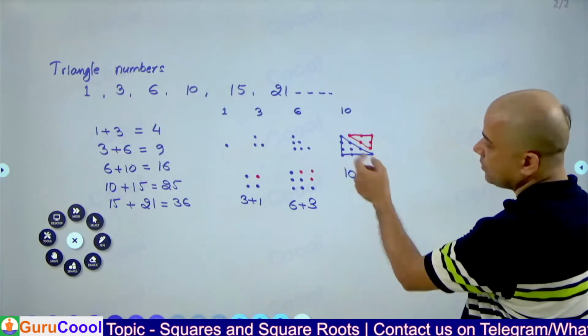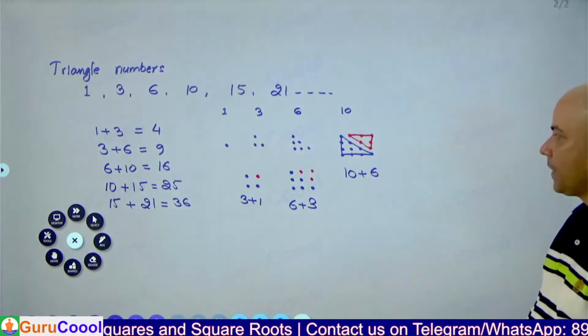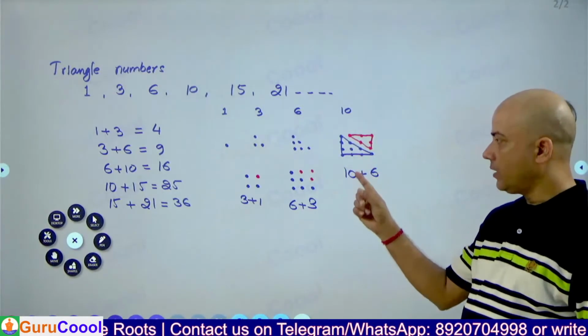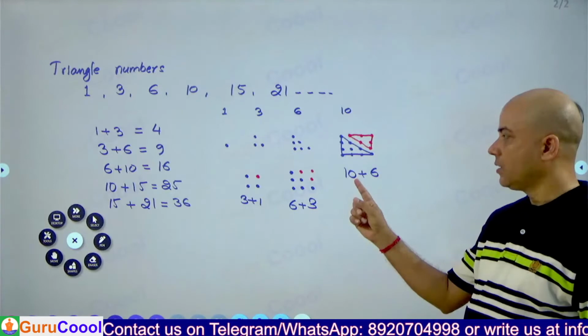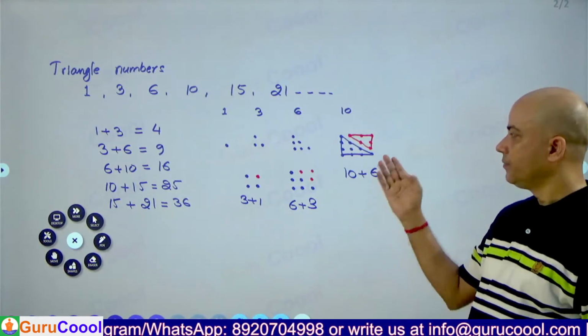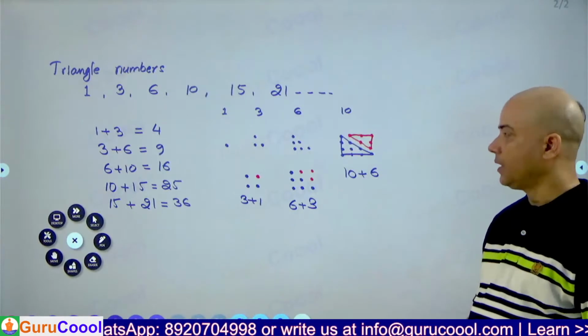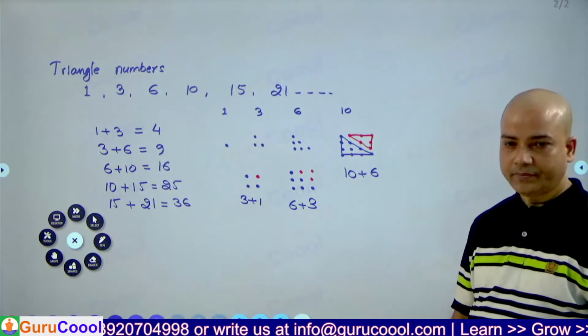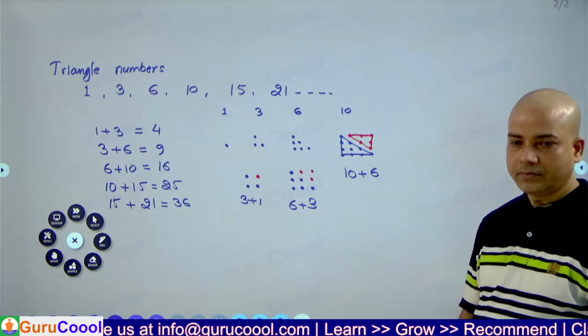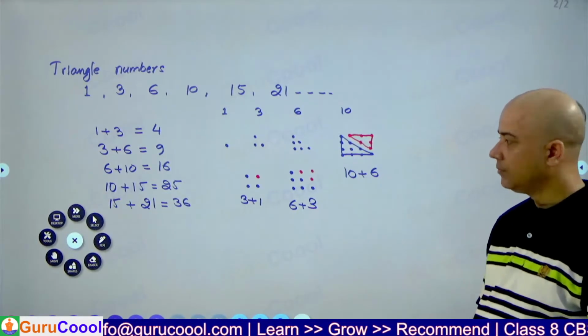And the whole square completes. We supply 2 right triangles. First right triangle containing 10 dots, another right triangle containing 6 dots. And they together complete a square. Isn't it? Yes, sir.